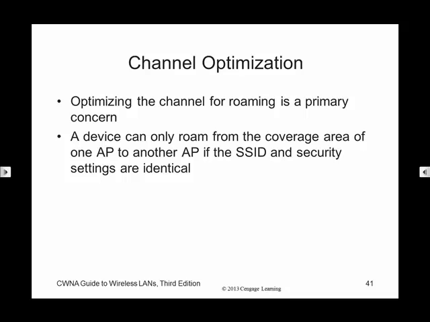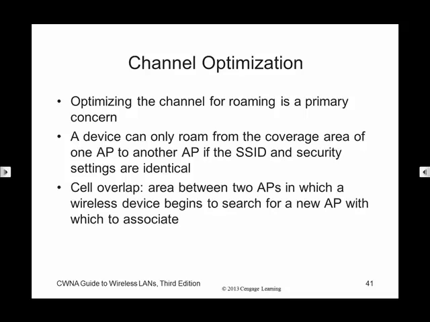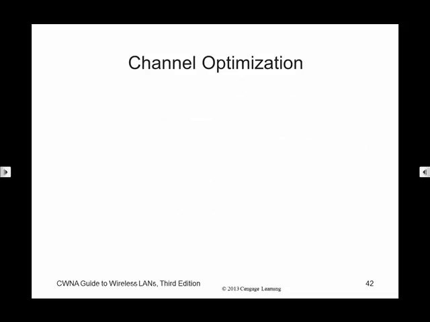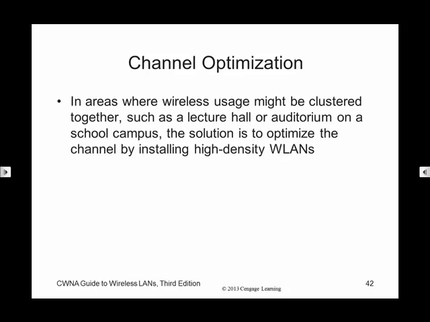Coverage area from one AP to the other, if the SSID and the security settings are the same, and the cell overlap we need to have. Might be clustered, such as a lecture hall, auditorium, school campus, apartment building. Optimize the channel by installing high-density wireless LANs.